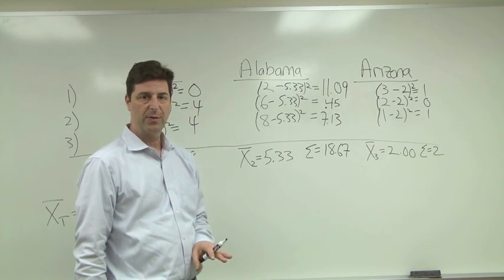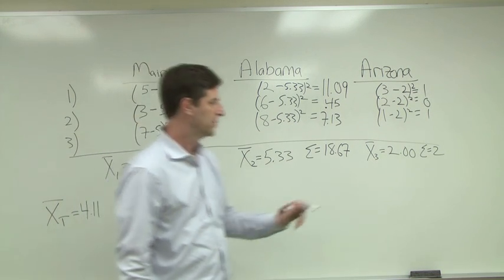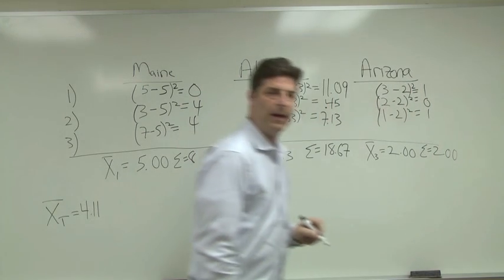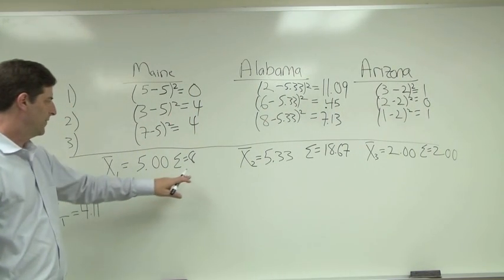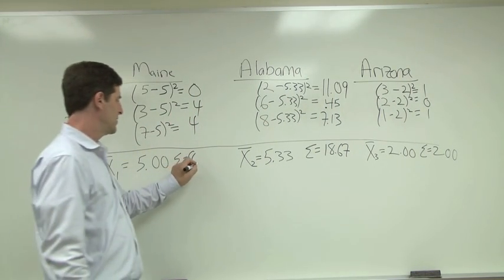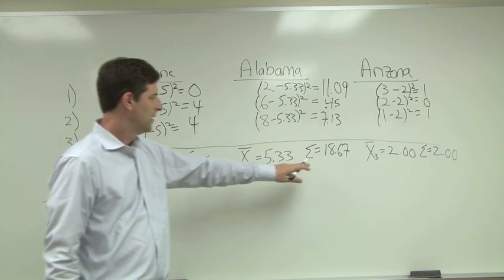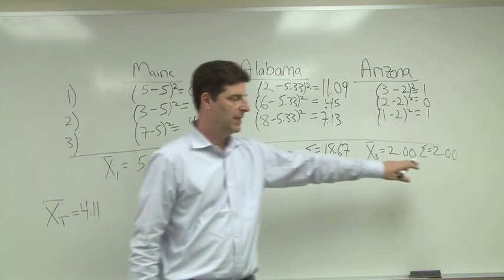So now we have our squared deviations for each group: 8 for group 1, 18.67, and 2.